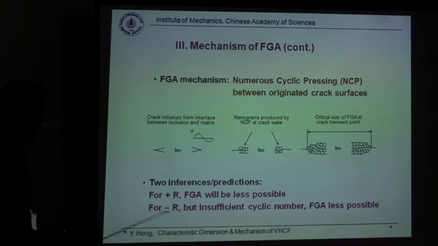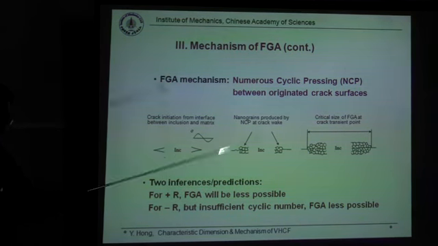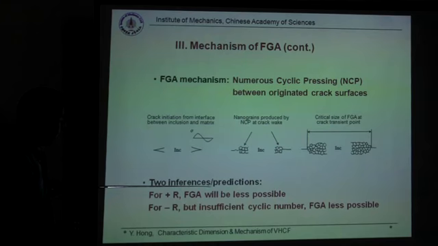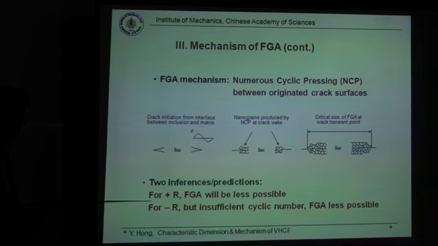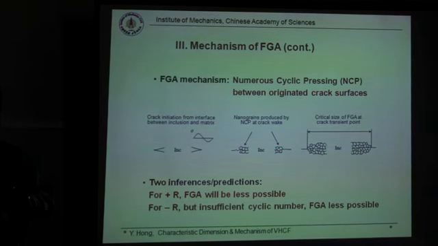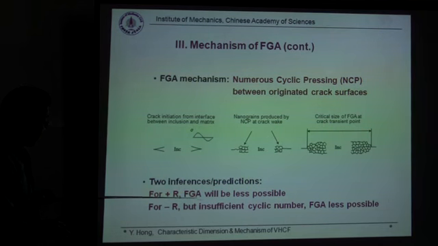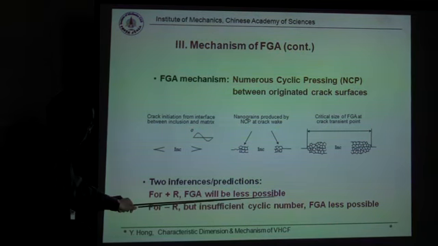The first is that the previous results were obtained for a stress ratio of -1. The predictions are, first, for positive stress ratio, because there is less contact or less crack closure effect, such fine granular area will be less possible.